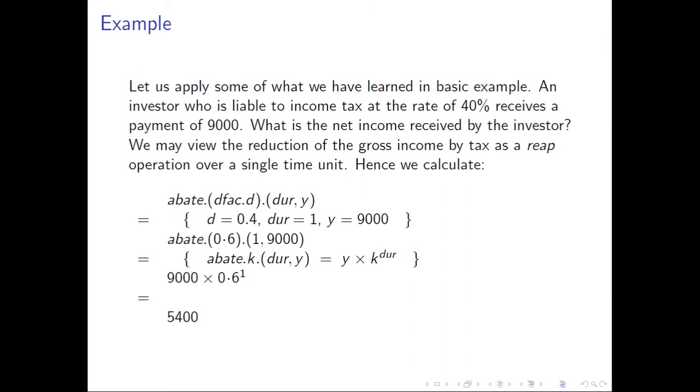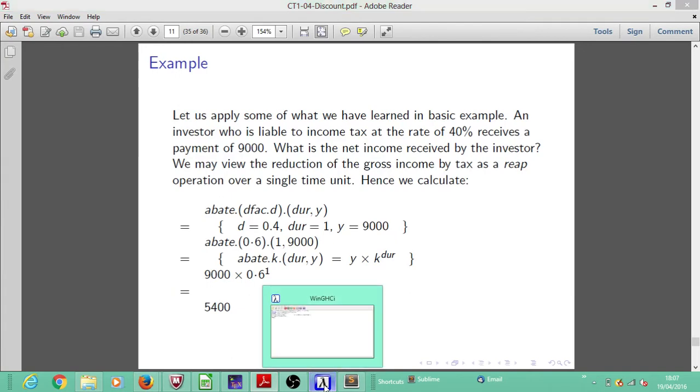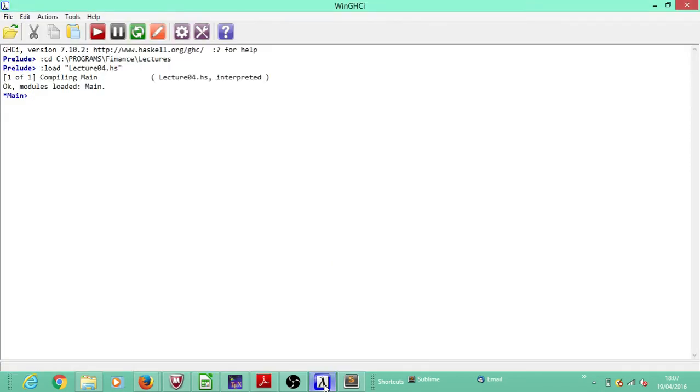All right, now, as it's become customary, we'll write a program to show these ideas in action. And so first we'll define the function: let dfact of d equals 1 minus d.